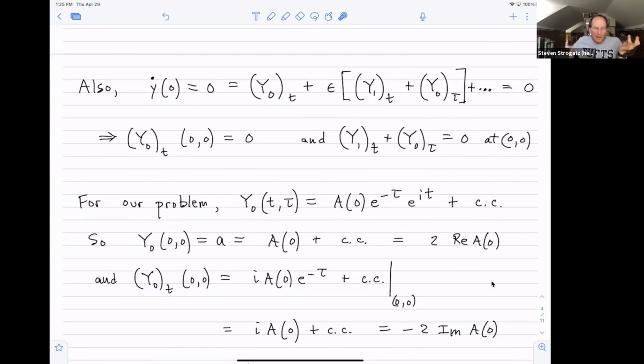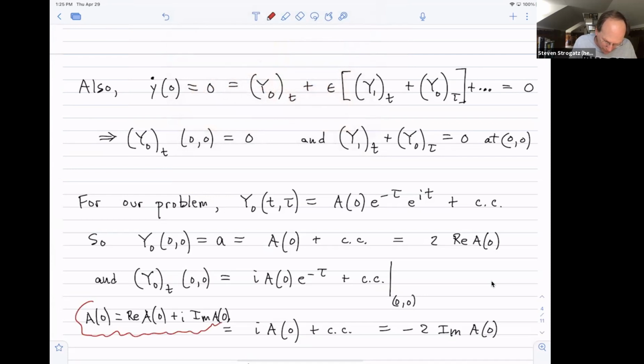If you're having trouble seeing how the imaginary part comes in, you could do a little calculation off on the side: A at 0 is the real part of A at 0 plus i times the imaginary part at 0. I don't want to gunk up my notes too much, but you can plug that in anywhere you're confused, and just remember that the conjugate of i is negative i, and everything will work out.